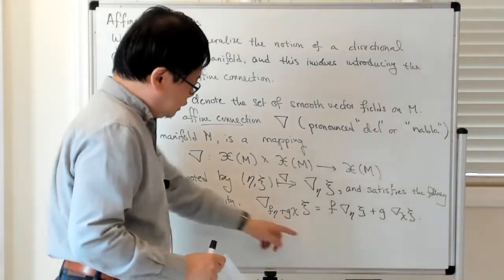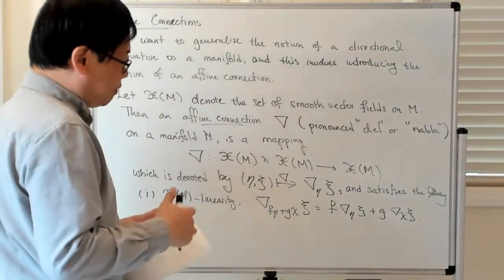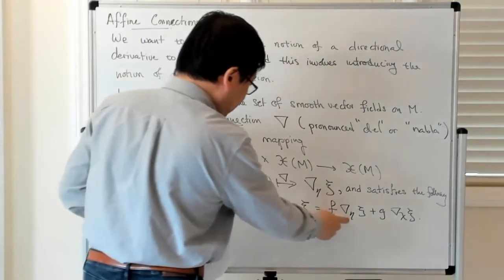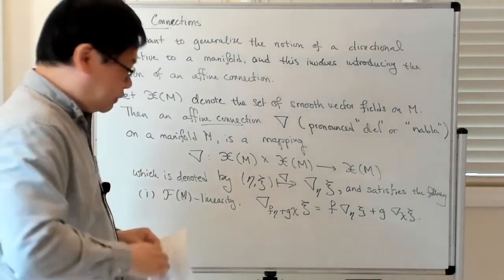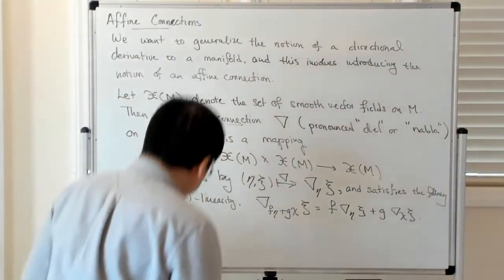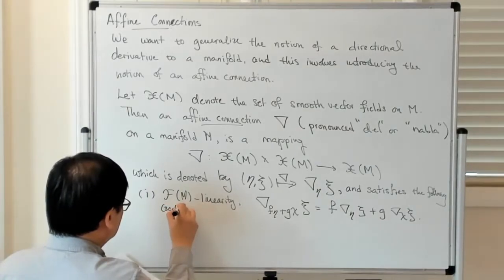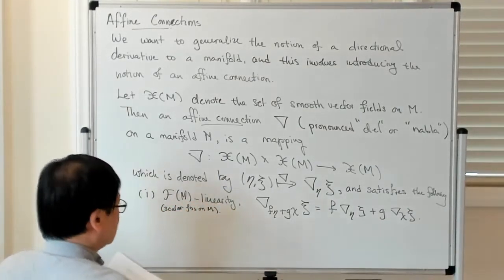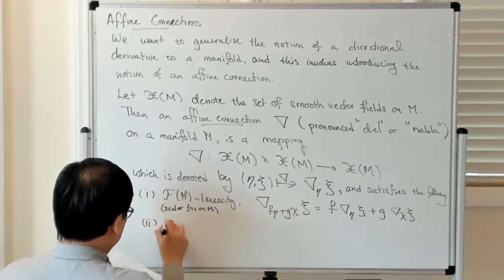This is the notion of linearity, but what happens now is you're allowed the flexibility to multiply the vector field by a different scalar function value at different points in the manifold. So this is the set of scalar functions on M here.